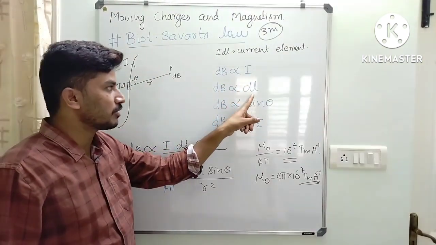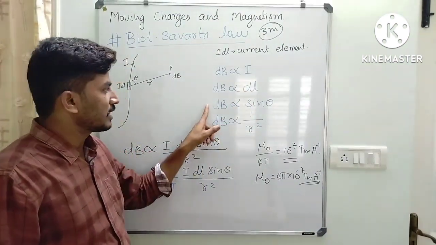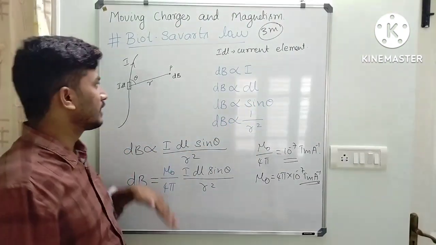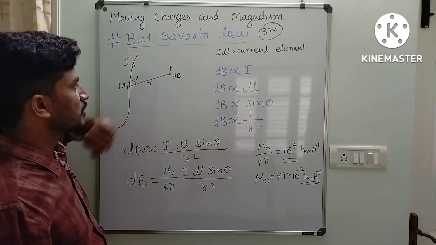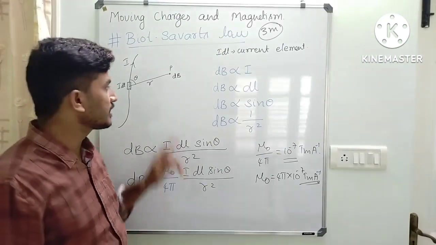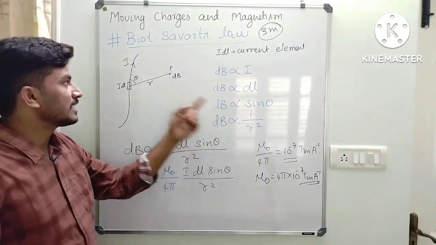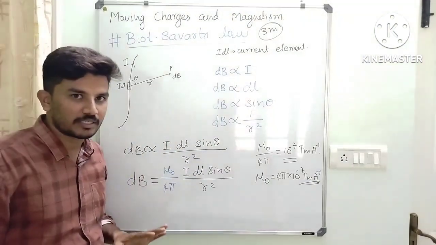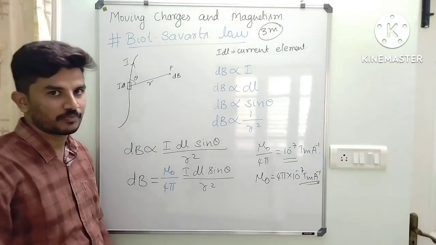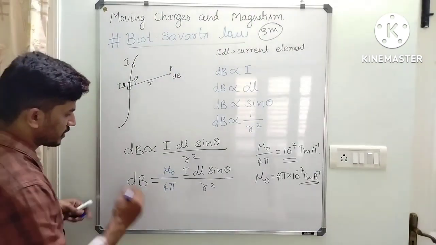Secondly, it is directly proportional to length of the current element, directly proportional to sin of an angle made by the position vector of this point from the current element and direction of current at this particular point, and inversely proportional to square of the distance between the point and the current element. If you combine, you will get this. Ultimately, you have to write this formula. So this is called Biot-Savart's law. Okay. I hope this one is clear.